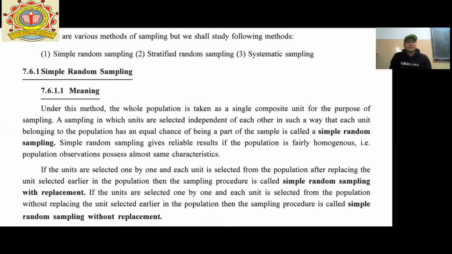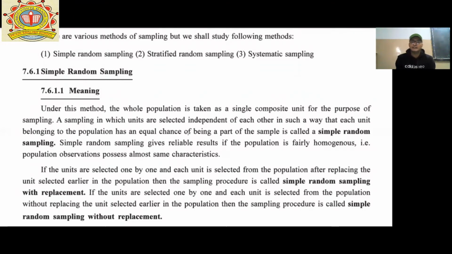So we can say that all the units are homogeneous, or all the units are the same as each other. So I can fairly select any one of them. It means all the units have an equal chance to be selected. So it is called simple random sampling.